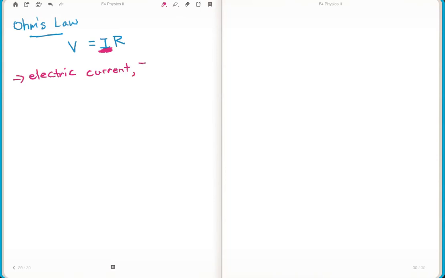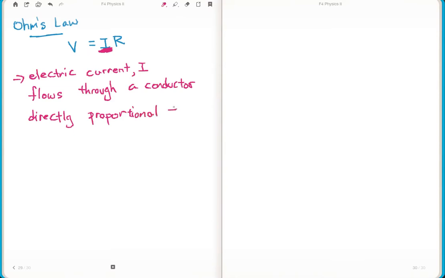Electric current, I, that flows through a conductor is directly proportional to the potential difference, V.